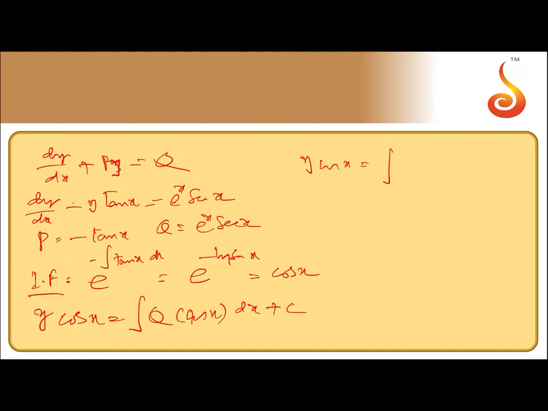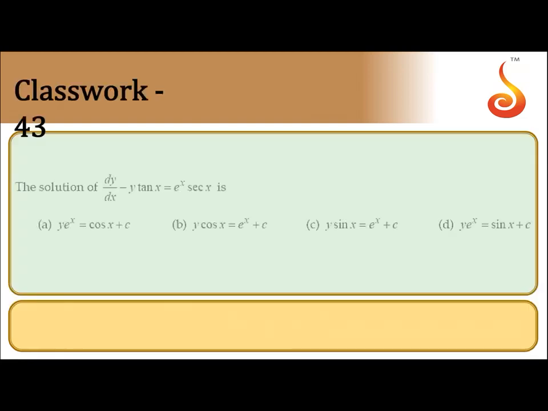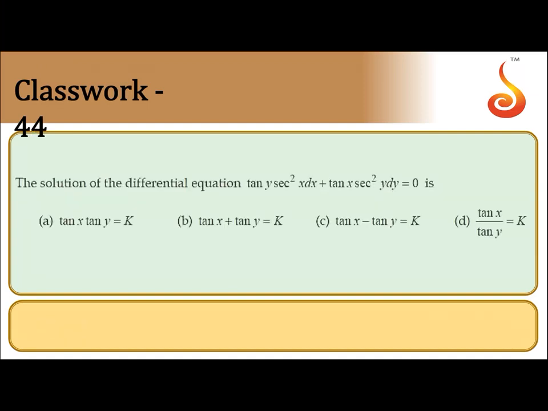So y cos x equals the integral of e power x secant x into cos x, which becomes e power x dx plus c. So y cos x is equal to e power x plus constant. The answer is B.